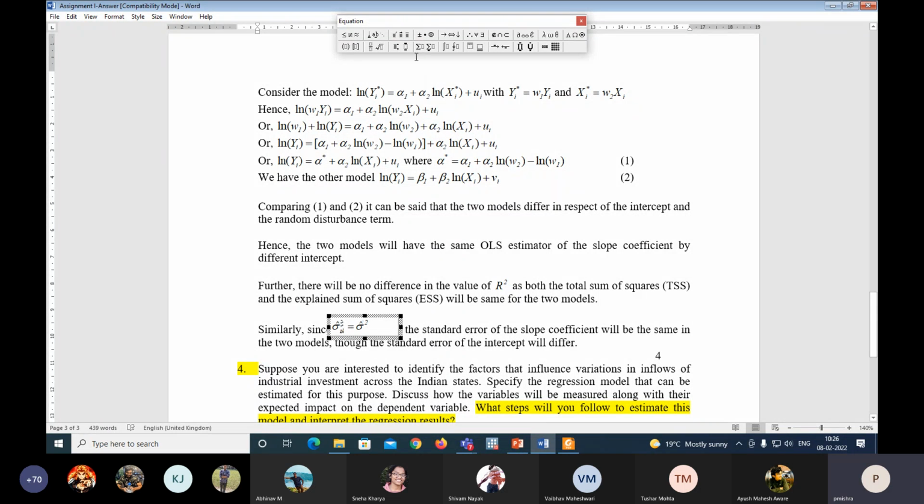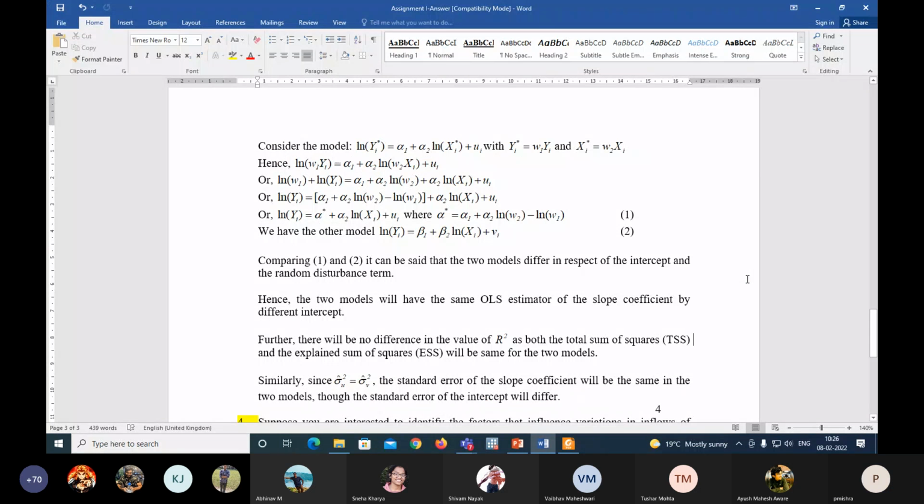This is basically for U and this is for V. These are basically estimated variances of the random disturbance term, which is basically the mean of RSS.